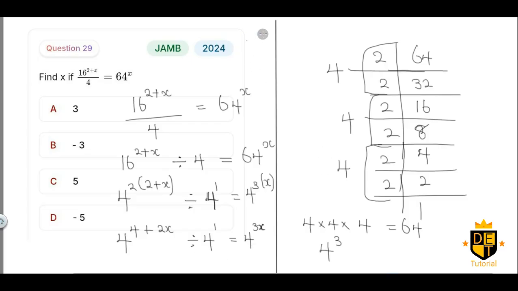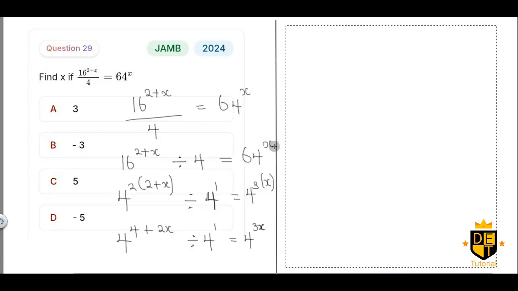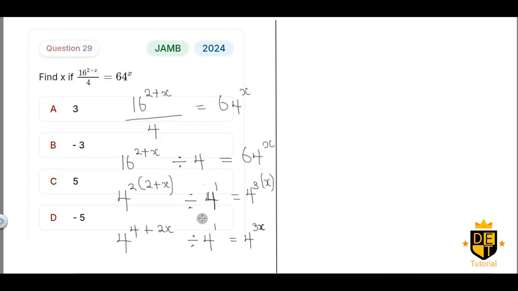It's quite simple. Let me clean this up first. What I have here is 4 raised to the power of (4 plus 2x) divided by 4 raised to the power of 1, equal to 4 raised to the power of 3x.